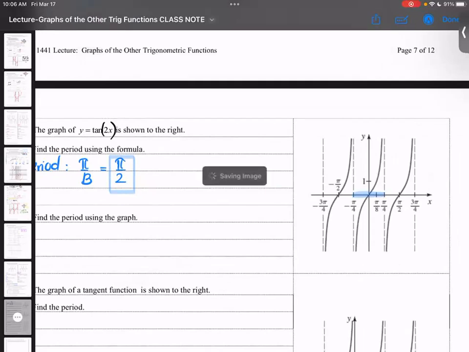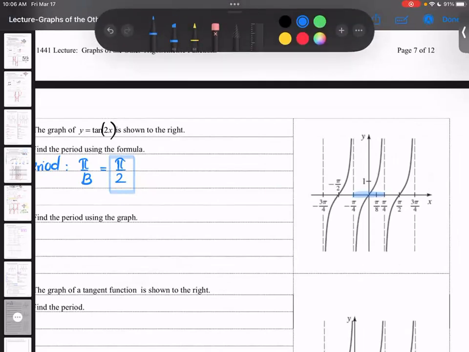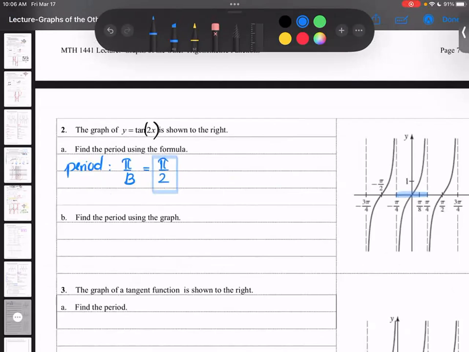To find that distance, I take the latter point, which is pi over 4, subtract the first point, which is negative pi over 4: pi over 4 plus pi over 4, a quarter plus a quarter is a half. And it should match your part A, whether you use the formula or the graph. Yes, question? Oh, it's okay.